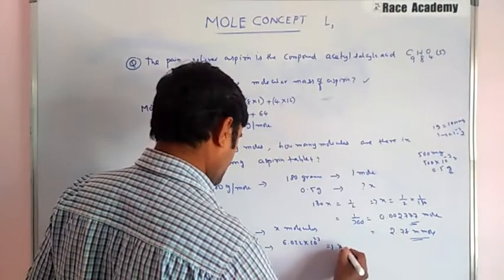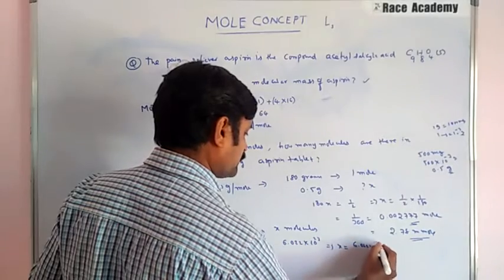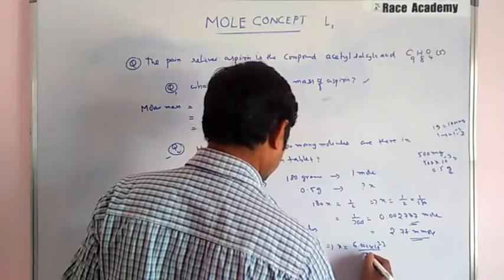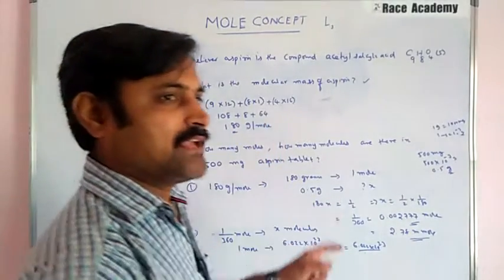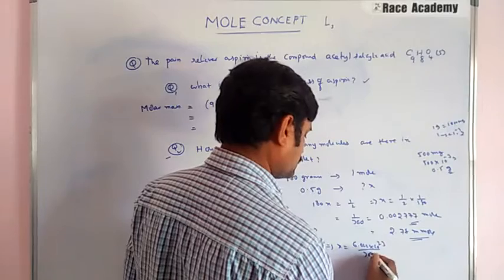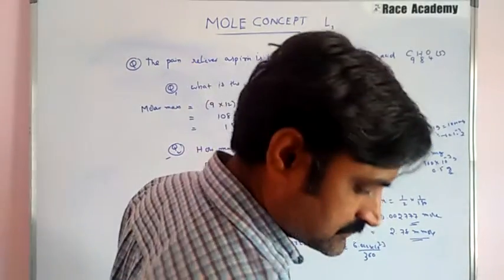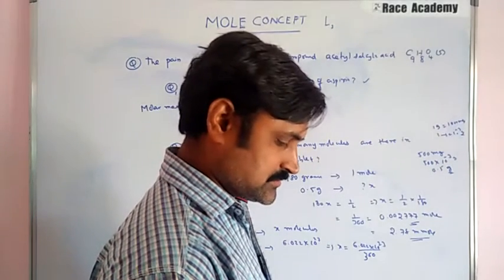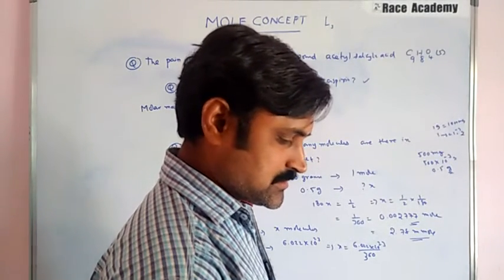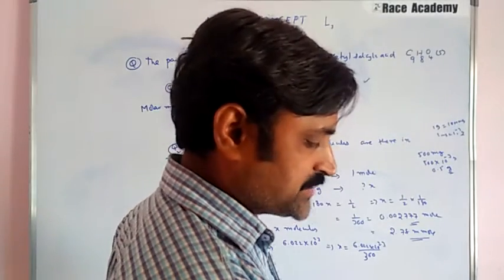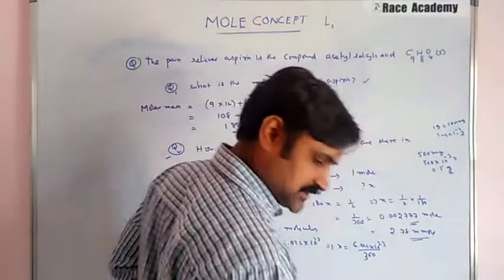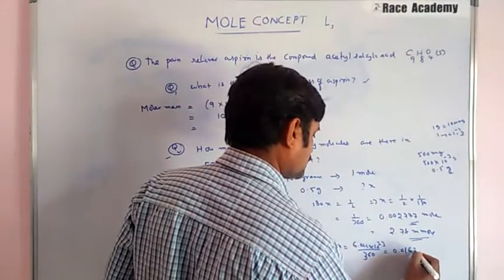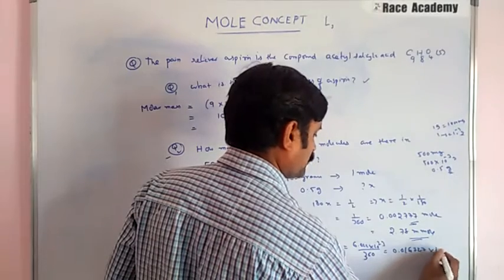What is x? x is equal to 6.022 times 10 to the power of 23 divided by 360. So upon simplification, let us see, 6.022 divided by 360, you will get 0.01672, that is 0.1672 into 10 power 23.